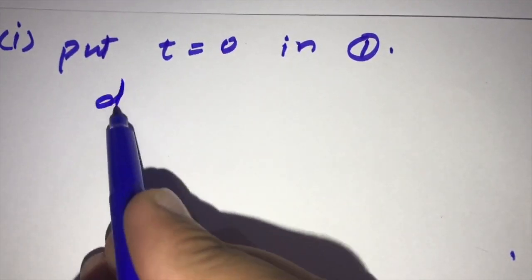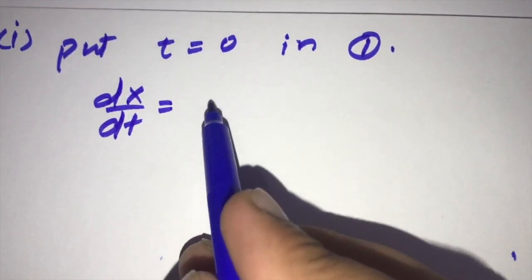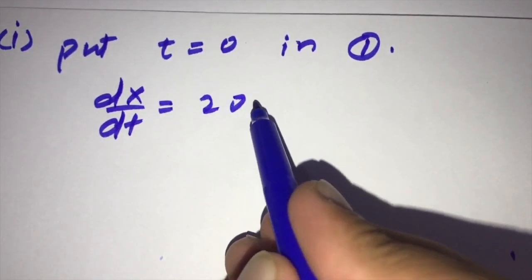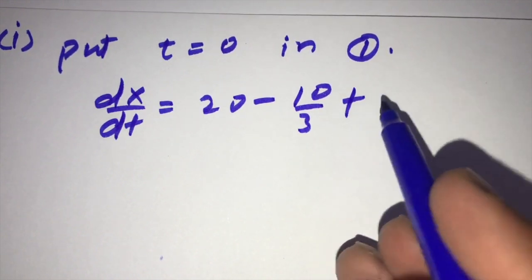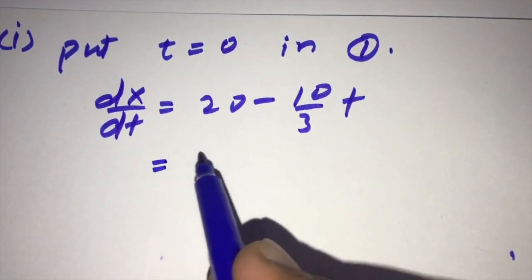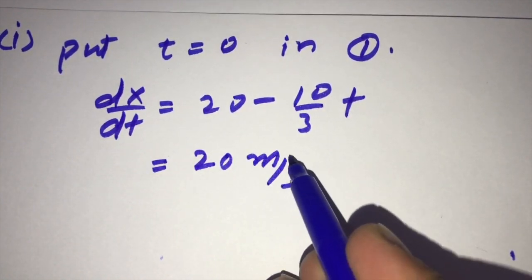Equation 1 is dx by dt is equal to 20 minus 10 by 3 t. Put t equal to 0. When we put t equal to 0, we get 20 meter per second.